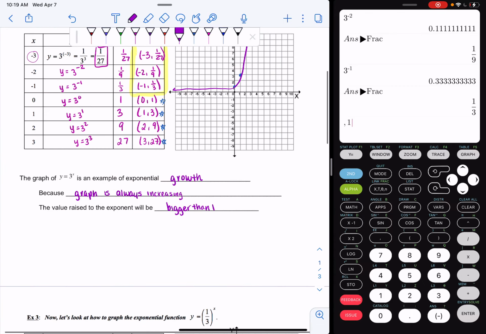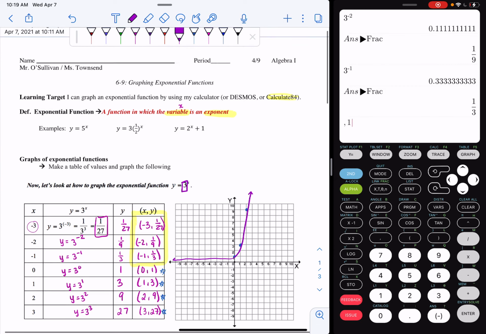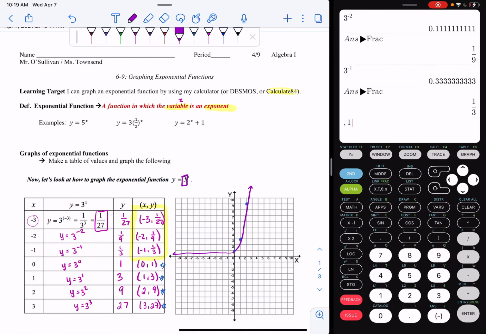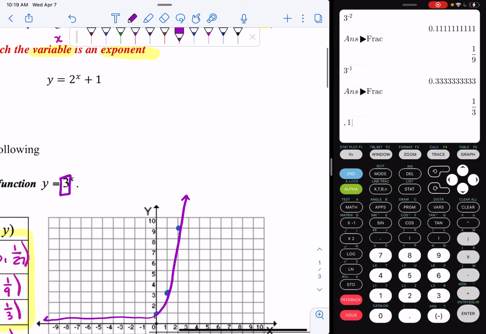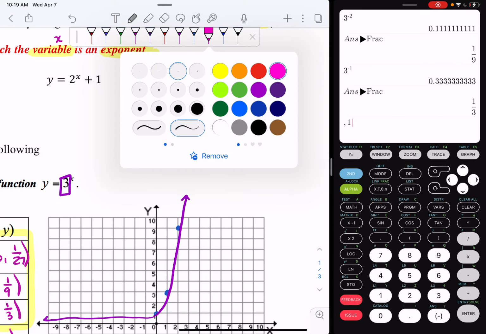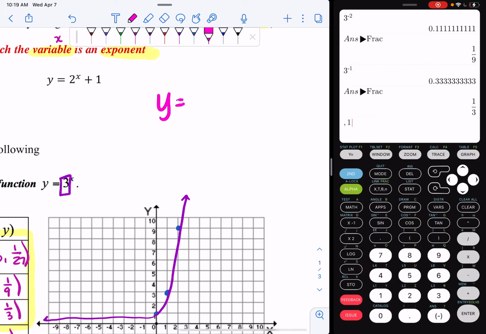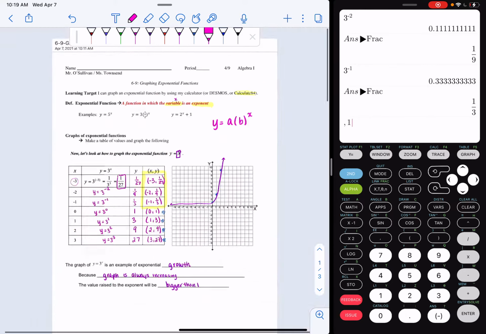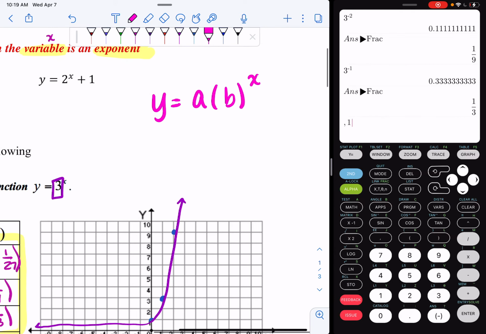Here's something that I forgot to write at the beginning of the video: your general form of an exponential function is going to look like this. That's your general form of an exponential. Your a is your initial amount, and your b is your multiplier.